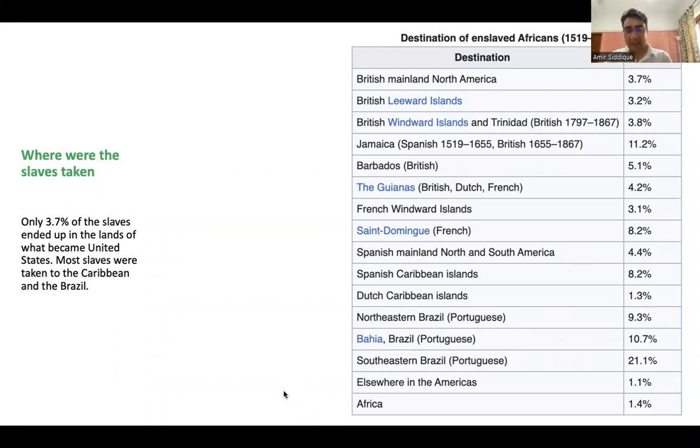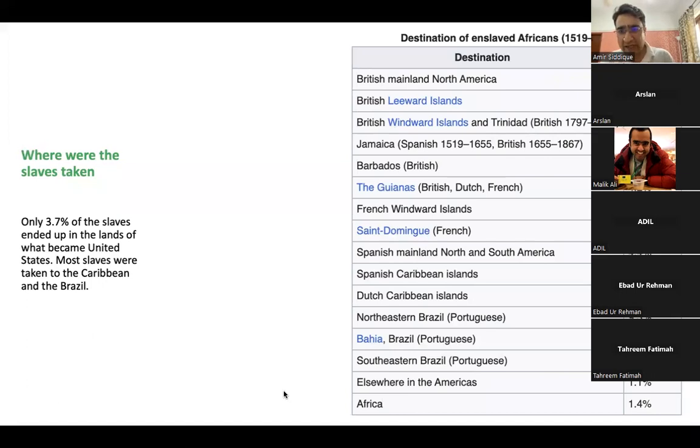If you see this list, this is a percentage distribution of where the slaves were taken. Most of these slaves were going to either the Caribbean or Brazil. The first row talks about mainland North America, and then Leeward Islands, and 11% ended up in Jamaica, Barbados.